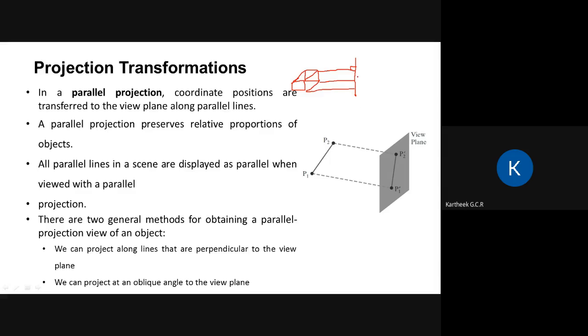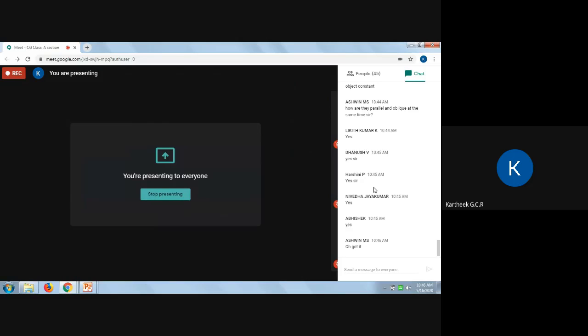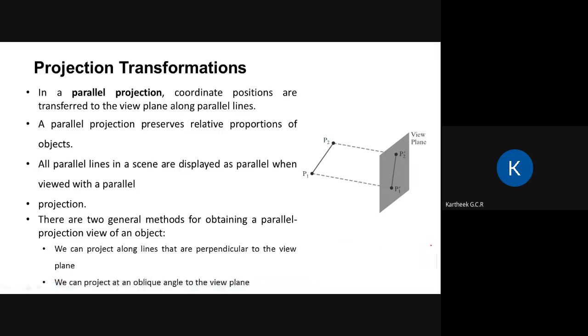Now, instead, let us say the projector is somewhere here. So the projection is going like this towards infinity, but they are ultimately parallel to each other. These projectors are parallel to each other, but they are at a certain angle which is not 90 degrees. This is oblique. Did you get it, Ashwin? Yeah. So that's oblique projection.